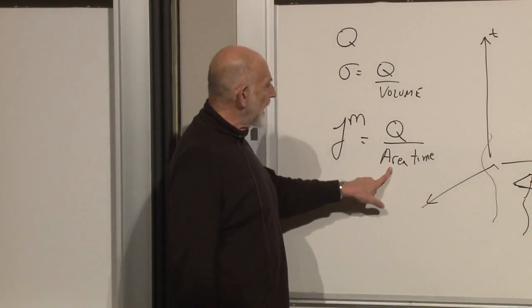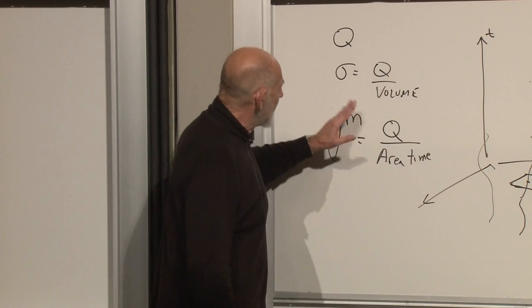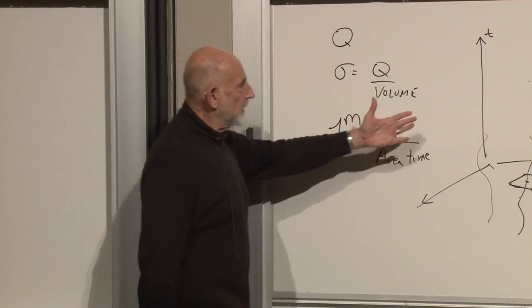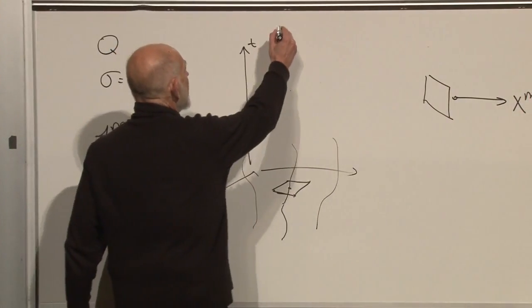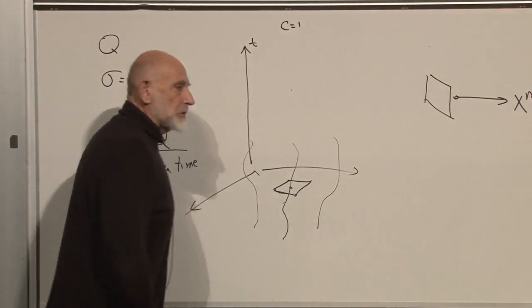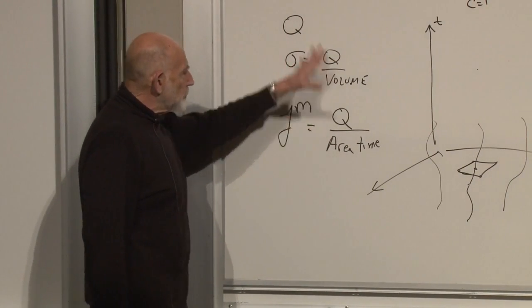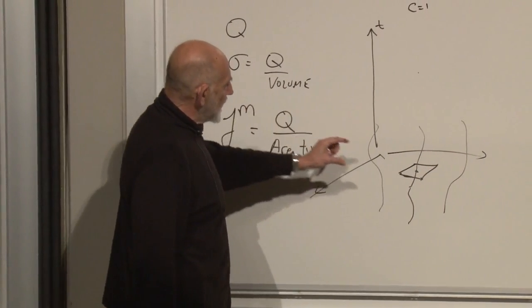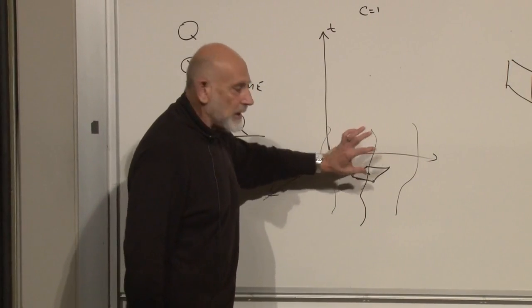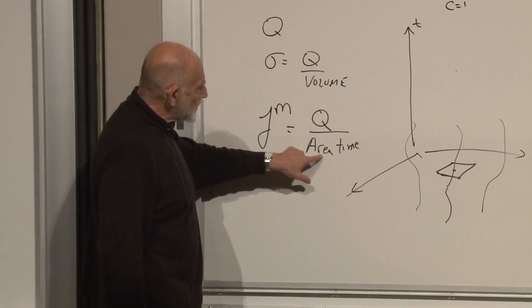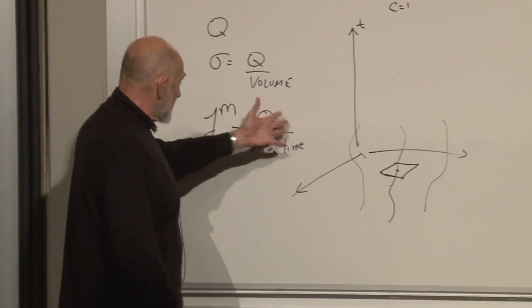One happens to be time-like, 2 happen to be space-like. But it has the same units as sigma. That's if c is set equal to 1. If c is set equal to 1, then space and time have the same units. And both of these can be thought of as charge through a window. In this case, the window is completely 3 space dimensions. In this case, the window is 2 space dimensions and 1 time dimension, but they're similar creatures.